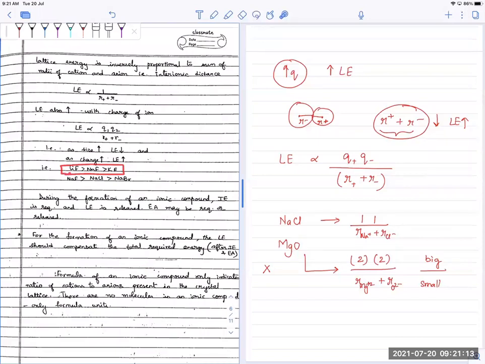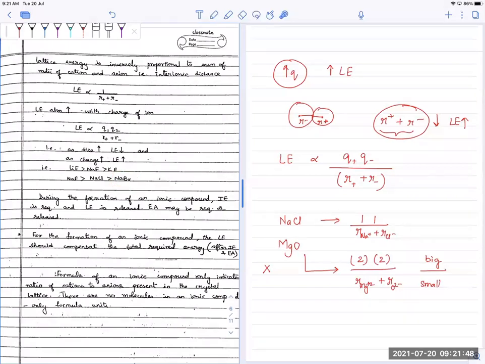So size is increasing down the group, so potassium fluoride has less lattice energy when compared to lithium fluoride. Or keeping the cation the same, if I go down the anions, sodium fluoride has small size, sodium bromide has big size. So sodium fluoride has more lattice energy than sodium bromide.